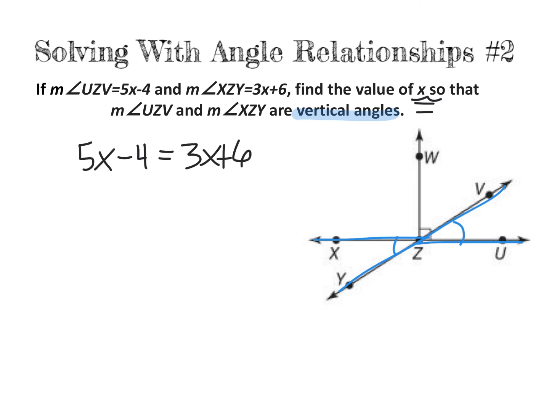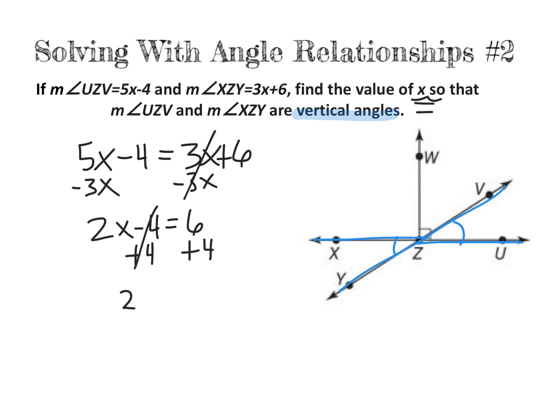If you know the relationship, you know how to set them up and solve. And here we just combine like terms, we move things over. Subtract 3x on both sides. 2x minus 4 equals 6. We move the 4 to the other side. 2x equals 10. And then finally divide by 2 on both sides. Again, the big thing here is, can you set up the problem from the relationship given? The rest is an Algebra 1 review. Solve for x.